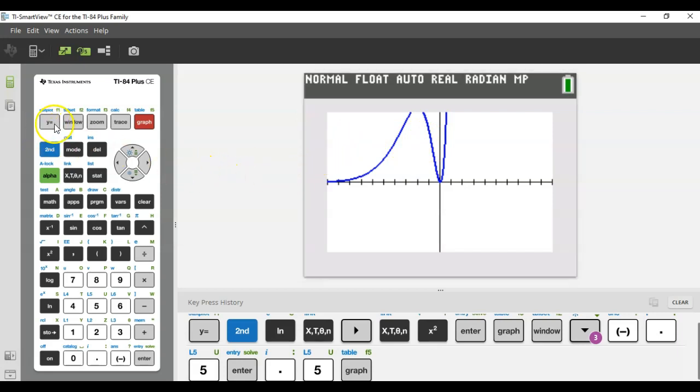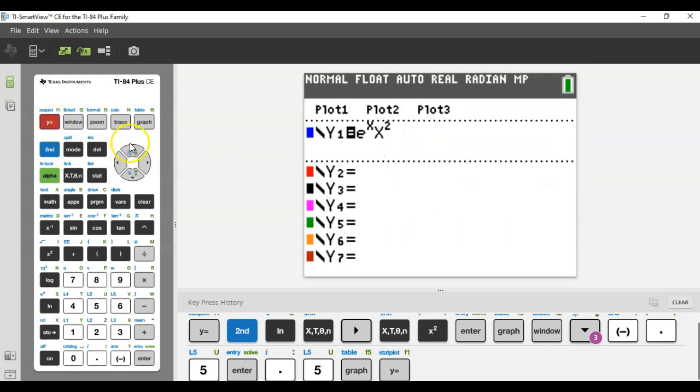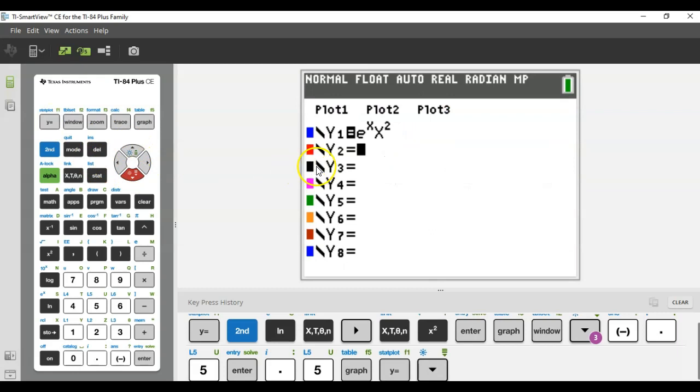So what we'll have to do to find points of inflection is determine where the second derivative is equal to 0. Let's go back to y equals. In y2, we're going to let this be the first derivative of our function.